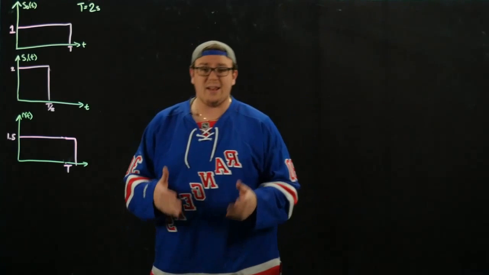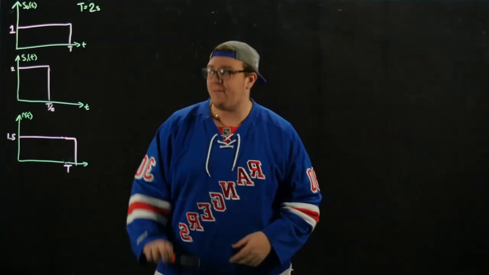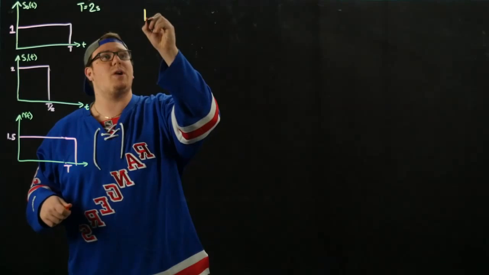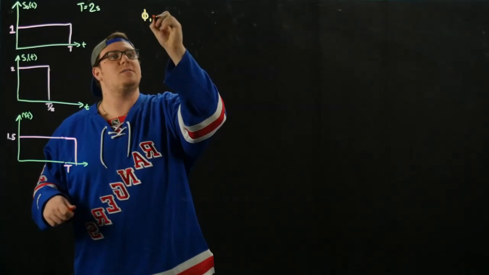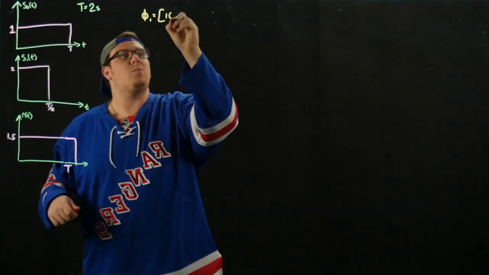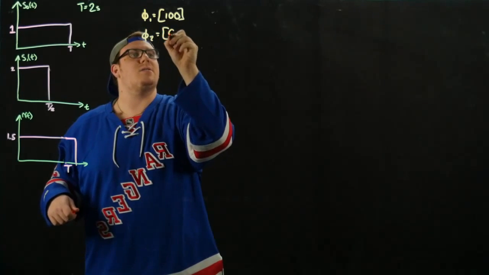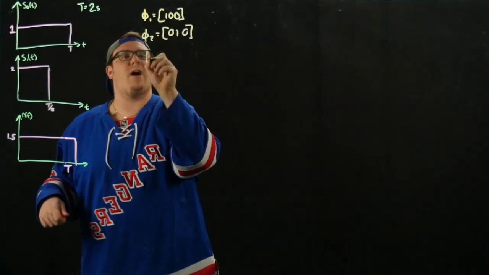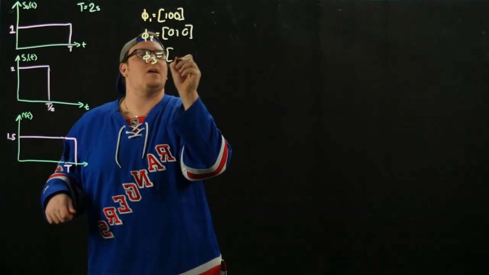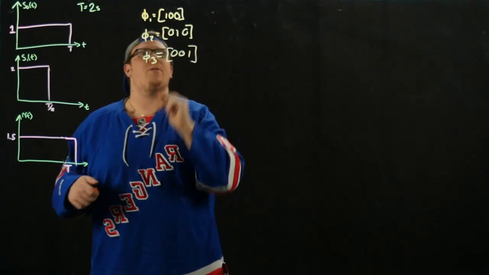So from that, we can make every vector in the space. We call the basis phi. So phi 1 is (1,0,0) in R3. Phi 2 is (0,1,0) in R3. And phi 3 is (0,0,1) in R3.